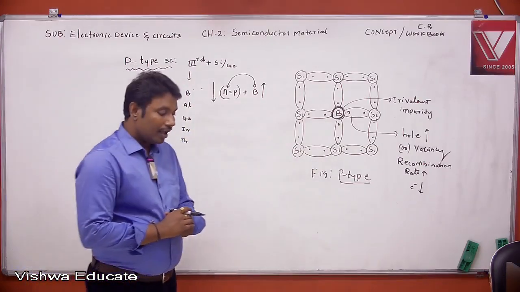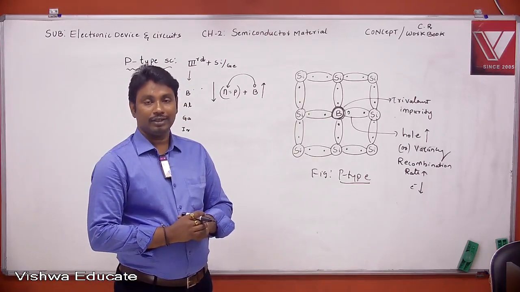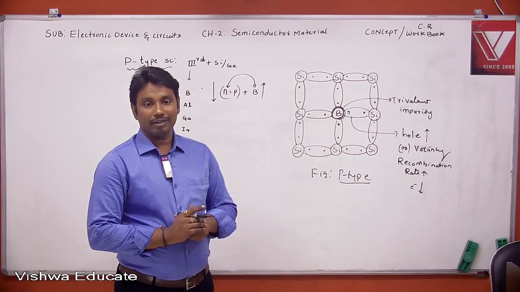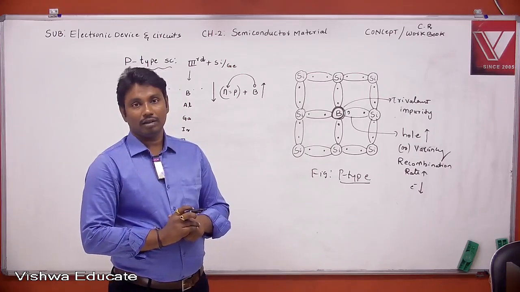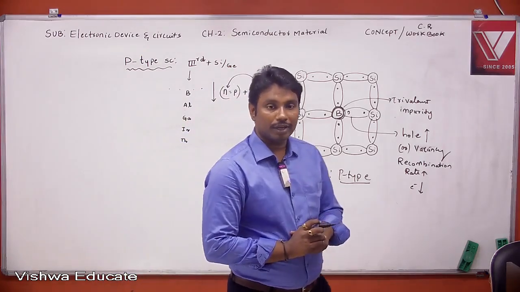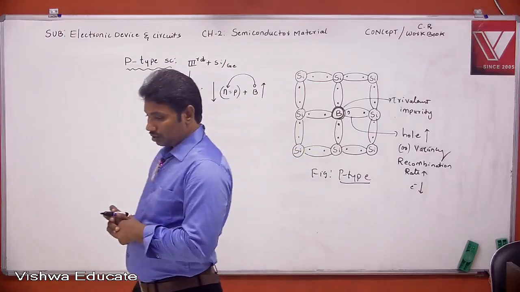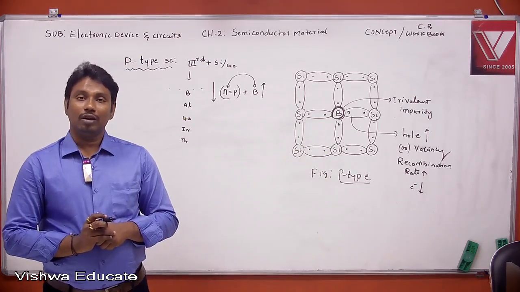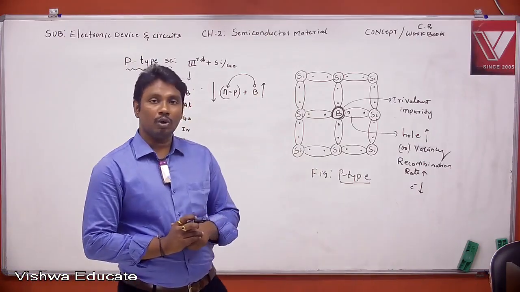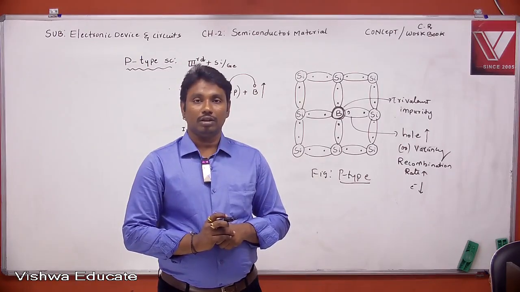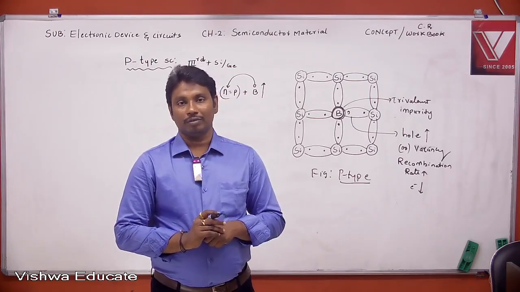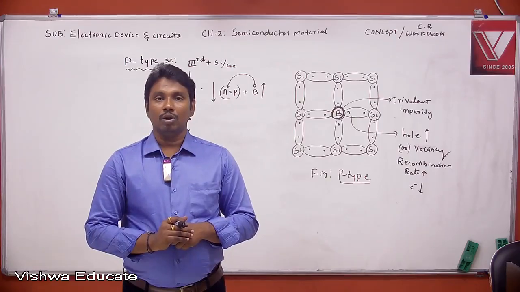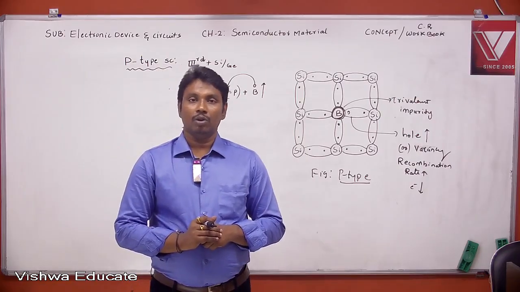Write in the notes. The added trivalent impurity can replace the semiconductor atom, due to which three valency electrons are involving in covalent bond formation, and the fourth one does not involve any covalent bond formation, due to which hole concentration increases.